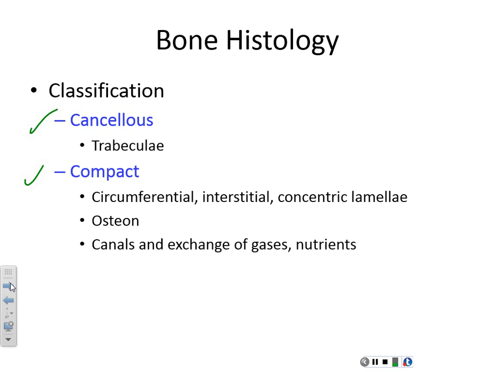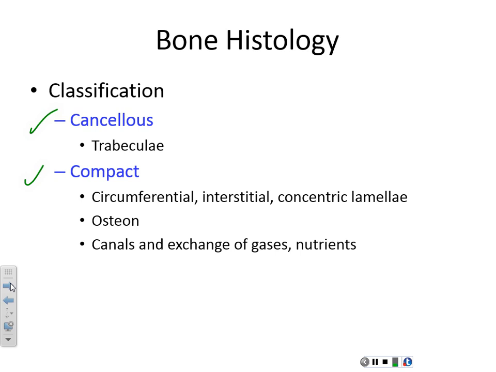So cancellous bone, and then of course compact will have those osteons, which are pretty much cylinders packed together like this, and then with the spacing between those circles filled with interstitial lamellae, right? That's what compact bone is, and it's compacted.